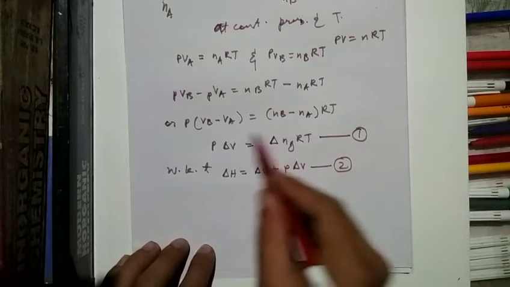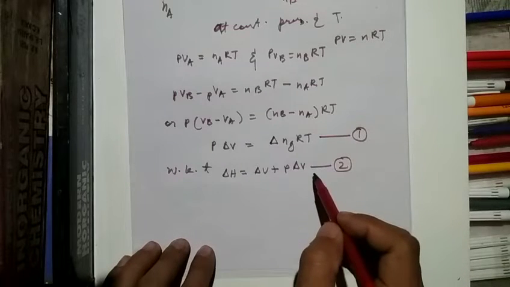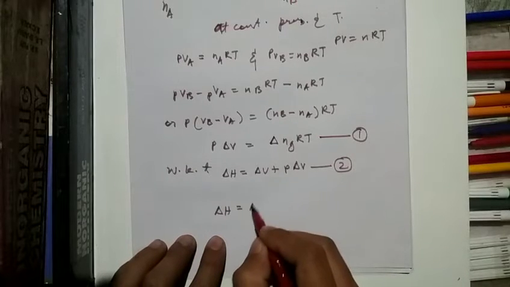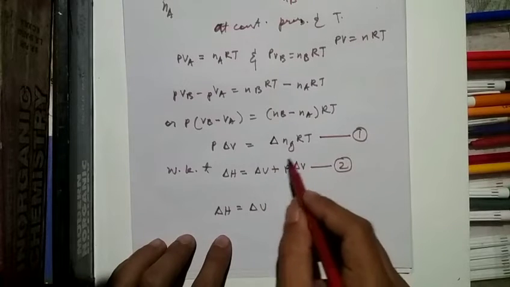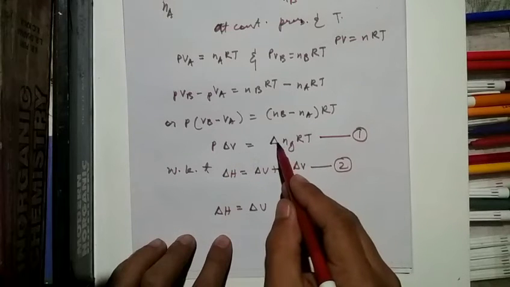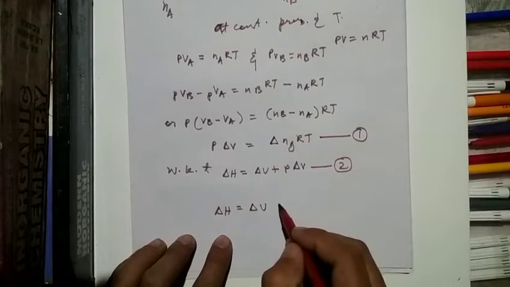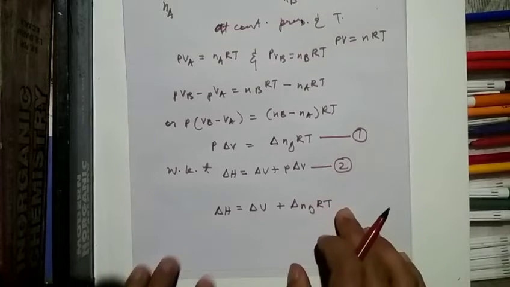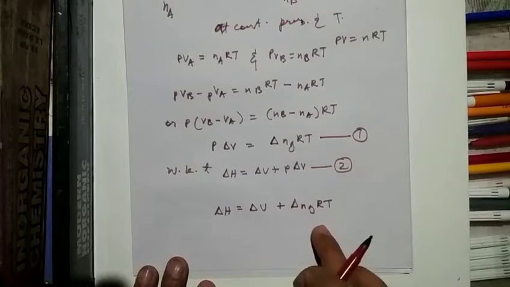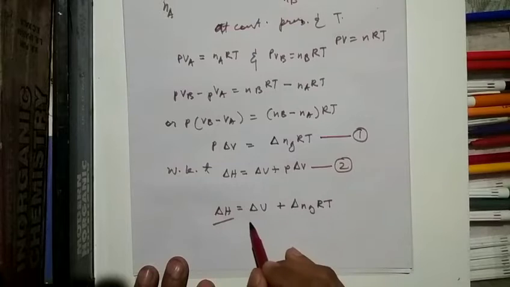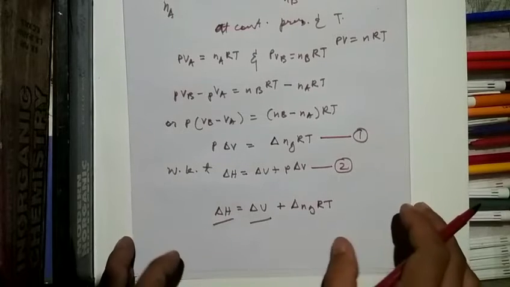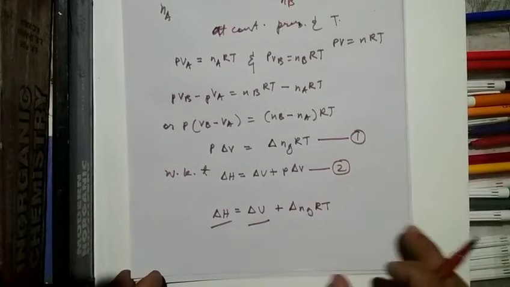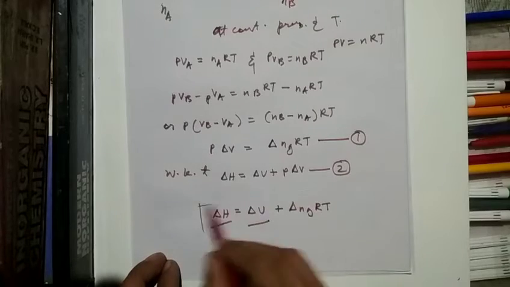So substituting this value in equation 2, we will get delta H is equal to delta U plus delta n_g RT, since P delta V is equal to this one. So with this relation we can calculate delta H or delta U, that means change in enthalpy or change in internal energy.